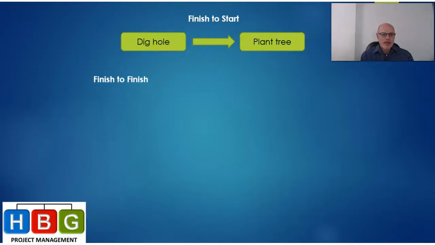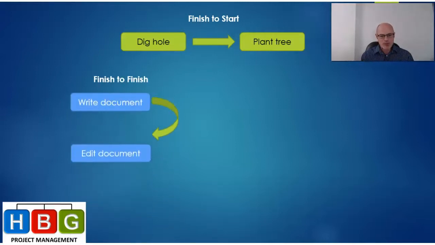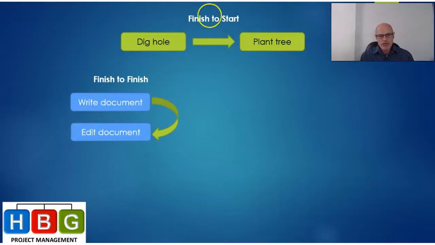So it is a finish to start relationship. Okay. Now let's look at the second one, finish to finish relationship. Right. So finish to finish relationships work as follows. As you can see here in the example, writing the document is your predecessor activity, and then editing the document follows basically after that.